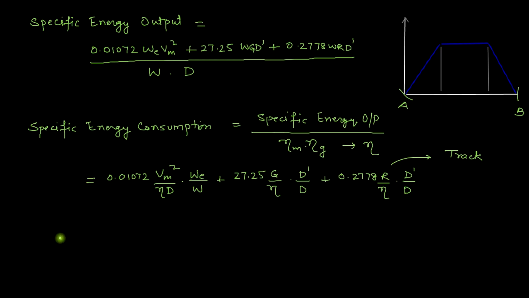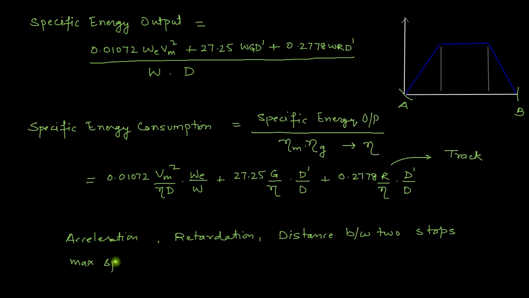Hence we can conclude that it depends upon the acceleration, retardation, distance between the two stops, maximum speed, type of train, and track configuration. That's it for this lecture.